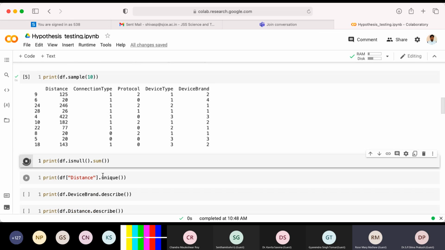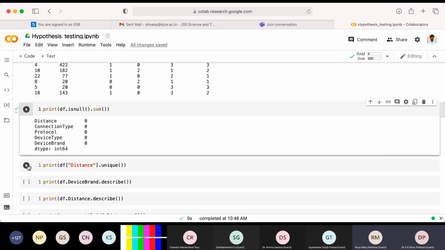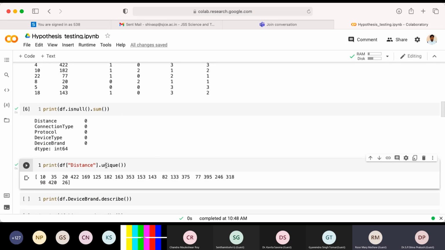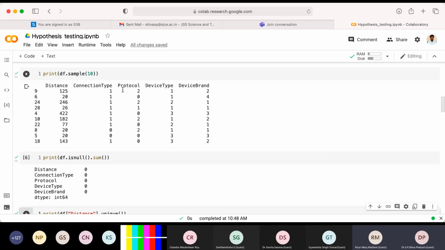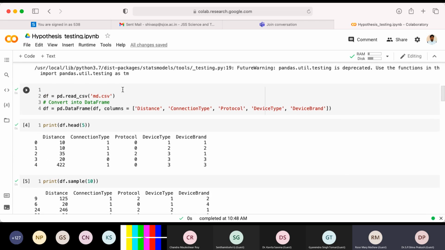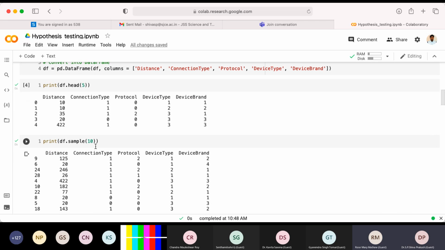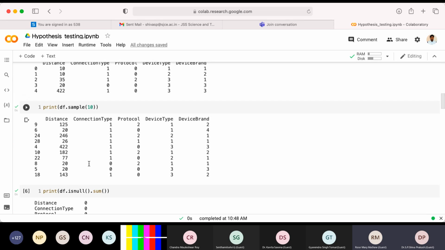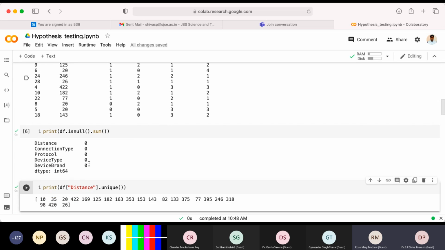We are just trying to check whether it has a null value, right? Here you can see we are trying to display the top 5 values, right? And also the header by using this, and also the 10 samples are displayed, okay?